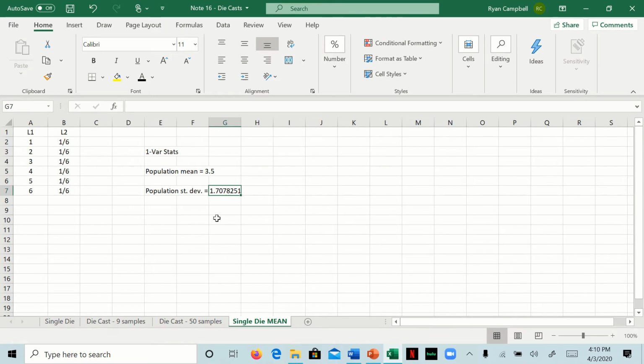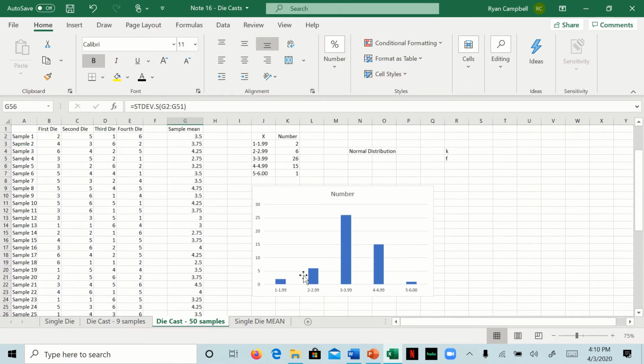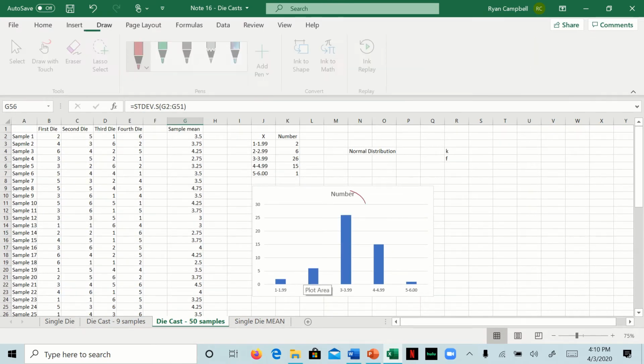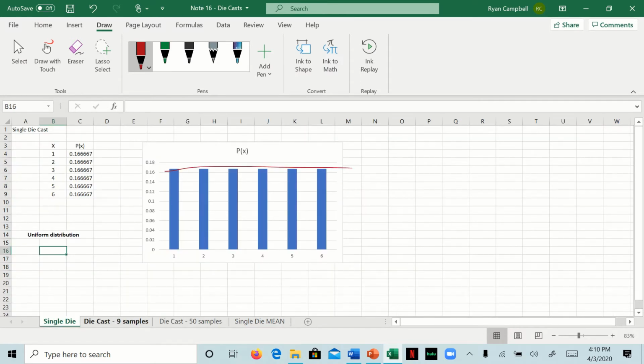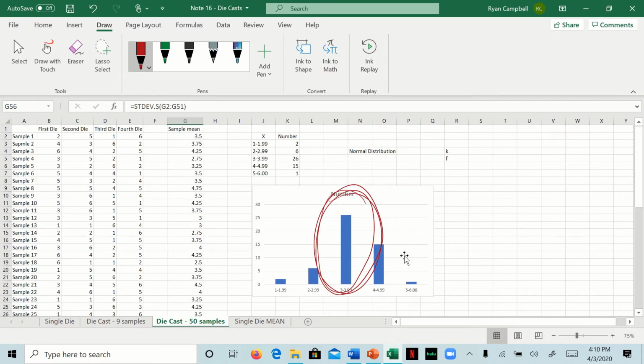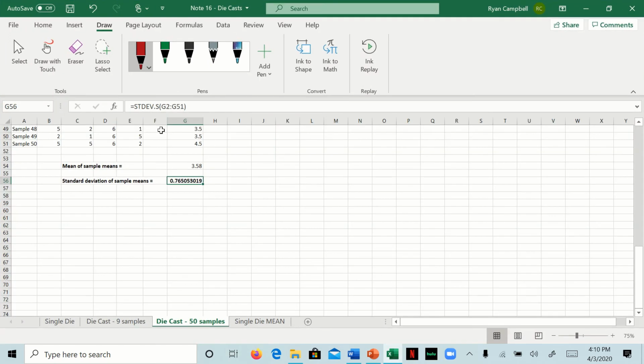These standard deviations are significantly smaller than the population, which also makes sense, because you're going to have things grouping together a lot more in the center than on the outsides. The original one has everything evenly distributed. But when you take the mean over and over and over again, you're going to get things a lot closer to each other. So the standard deviation is going to be a lot smaller.